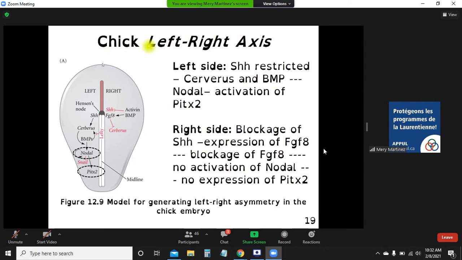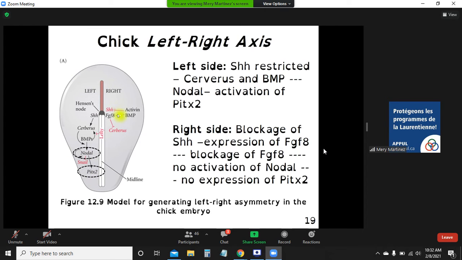So here we have that in the right side. So we have Sonic hedgehog, which induces Cerberus, and then Cerberus induces BMP, and BMP induces nodal, and nodal induces PITX2. This is all in the left side.